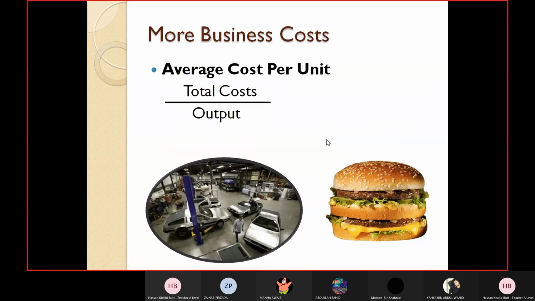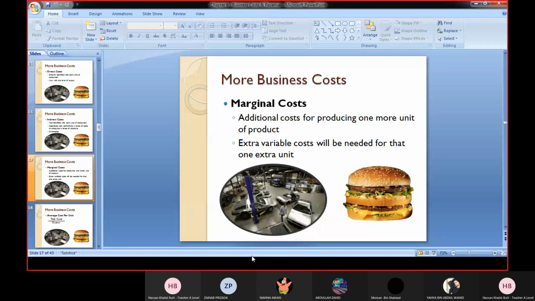This is now average cost, and we also call it average cost or cost per unit. And this is calculated like this: total cost divided by output. So they can give you a question. Let me again tell you what kind of question can come about the average cost.